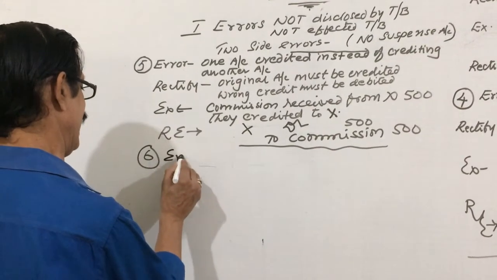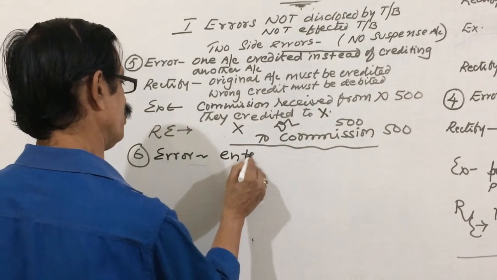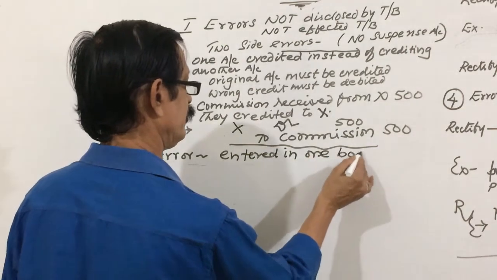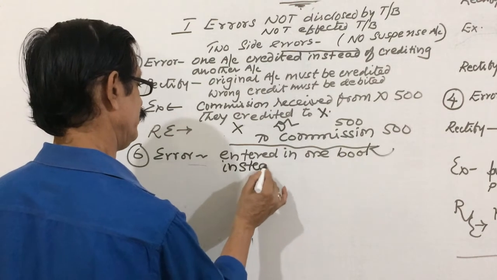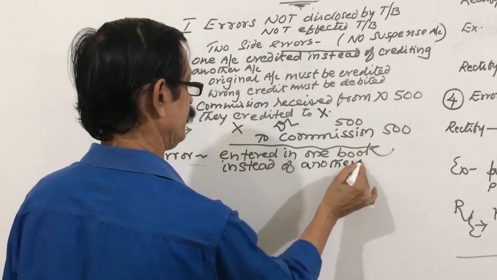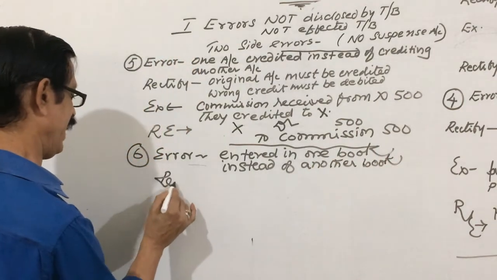What is the error here? Entered in one book instead of another book. Here, how to rectify?